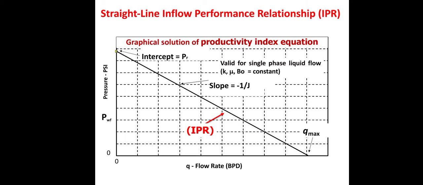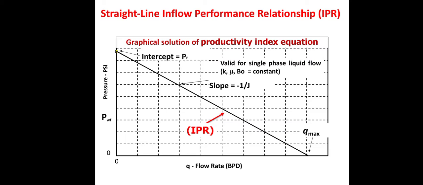When the pressure in the well, the bottom hole pressure, is at zero, we have the maximum production rate. Because as we stated before, the driving force in the naturally flowing well is the pressure drawdown, which is the difference between the average reservoir pressure and the bottom hole pressure, right?